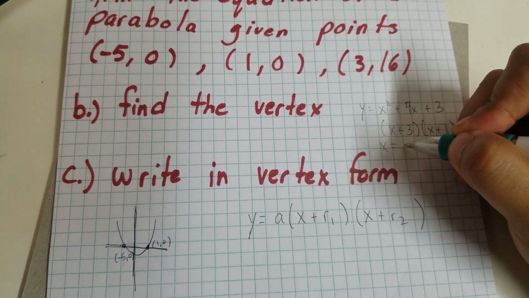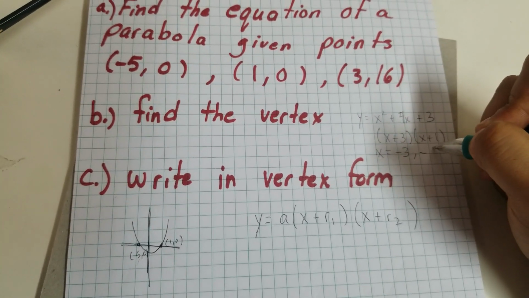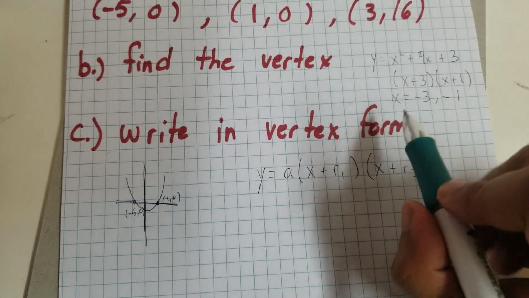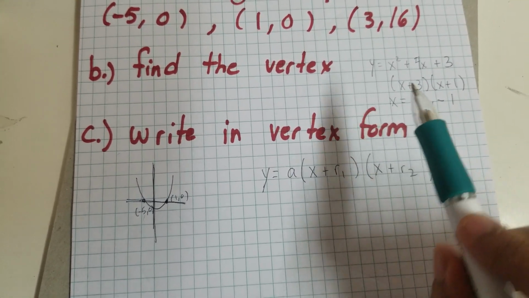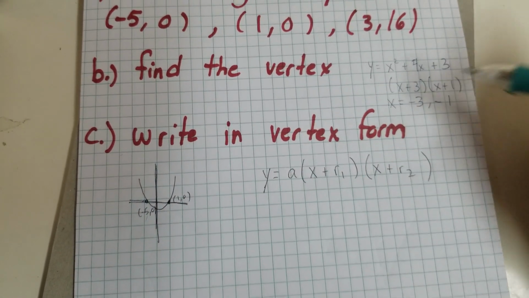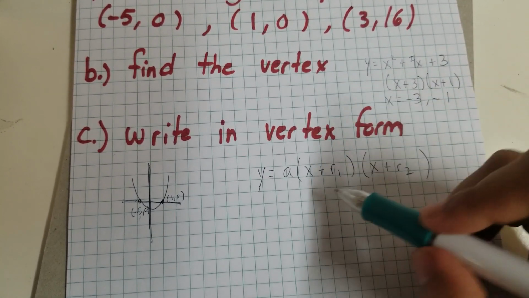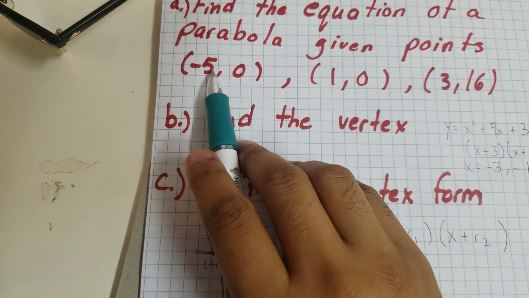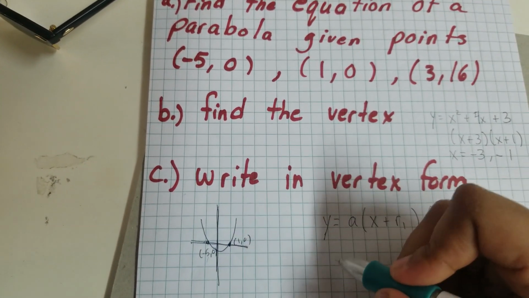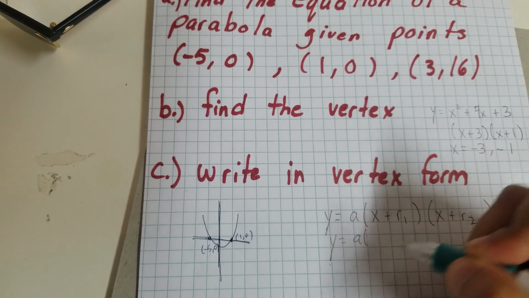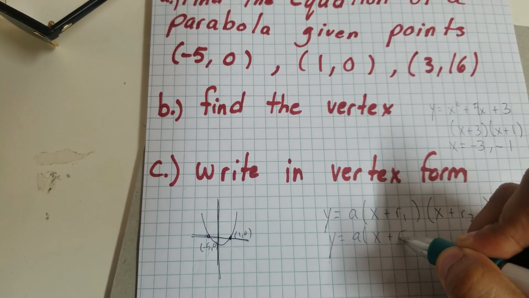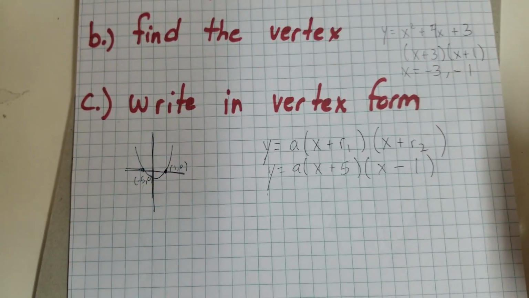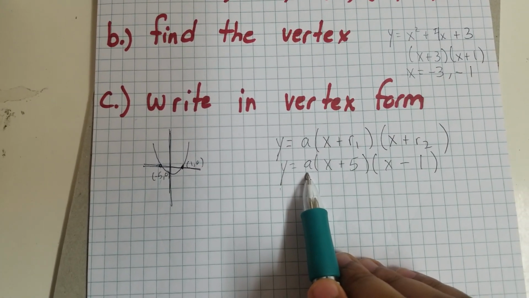That means my zeros are -3 and -1. So I need to understand that these are points on the x-axis, so I need to flip their signs to put them back in the equation. Here I have -5 and +1, so I'm going to input +5 and -1. Now I don't know what my a is.